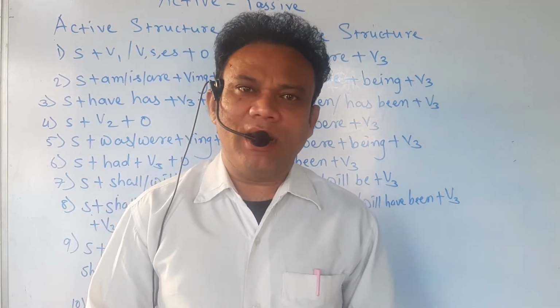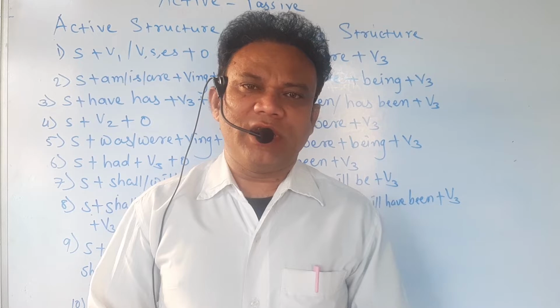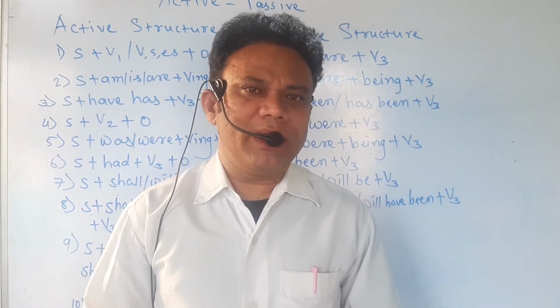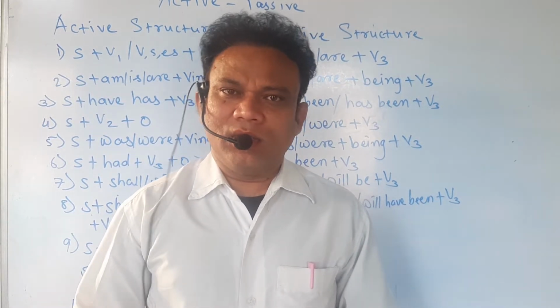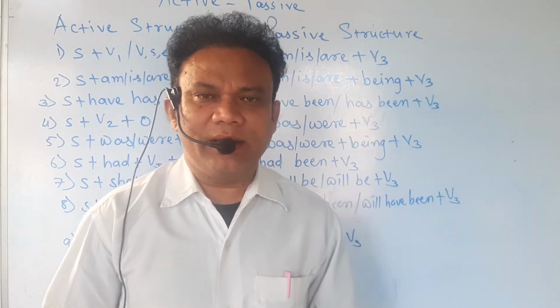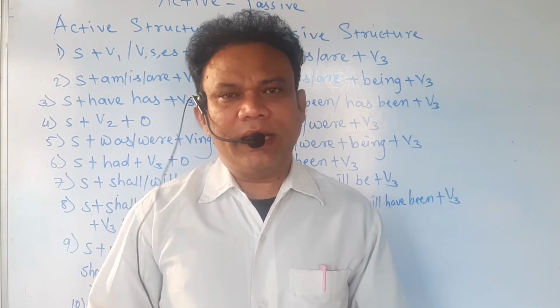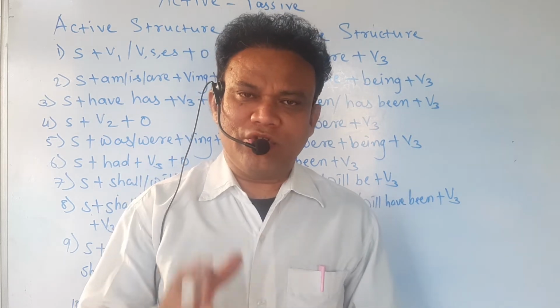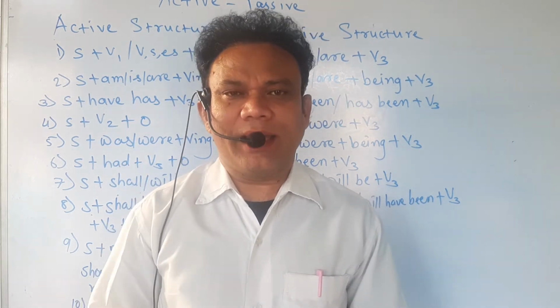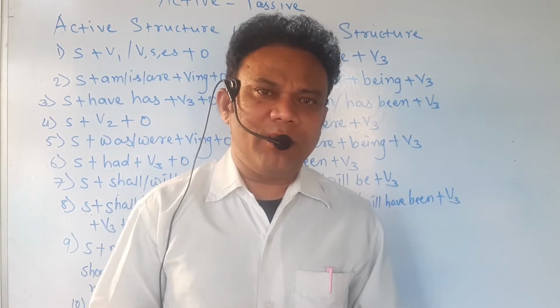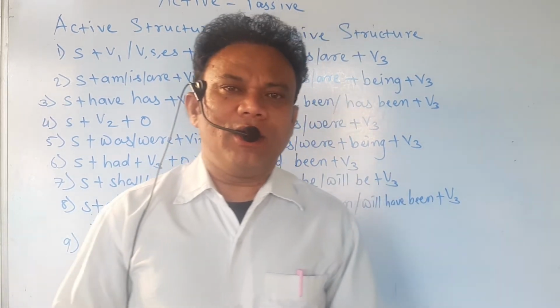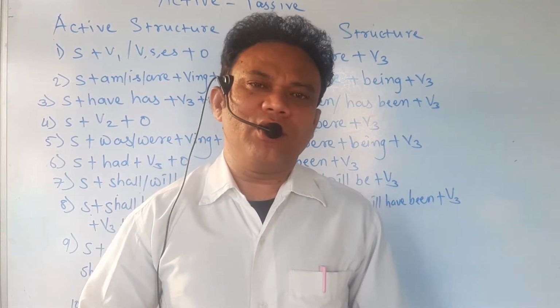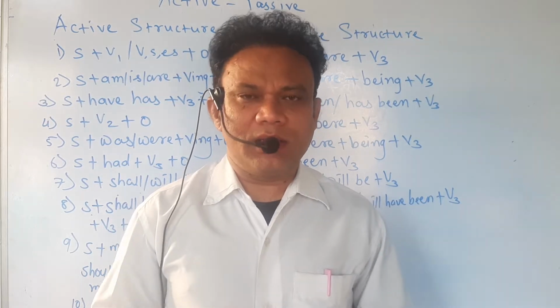So me is called the indirect object and a bouquet is called the direct object. When two objects are there, we can convert that sentence into passive by using any one object. But remember that if we are making use of the direct object, then we have to use the preposition to in our answer.